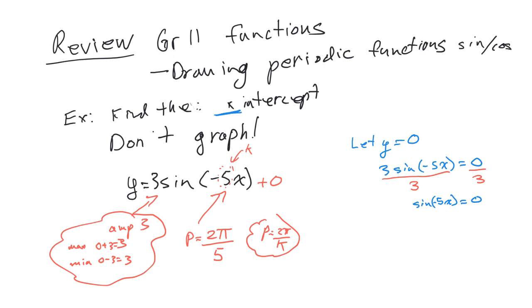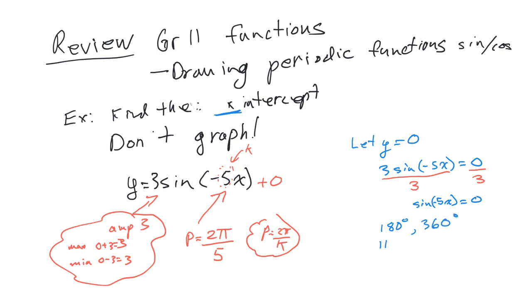Now you need to ask yourself, when does that ever happen? The only time sine happens to be 0, if we were graphing it, sine is always 0 at 180 or 360, right?